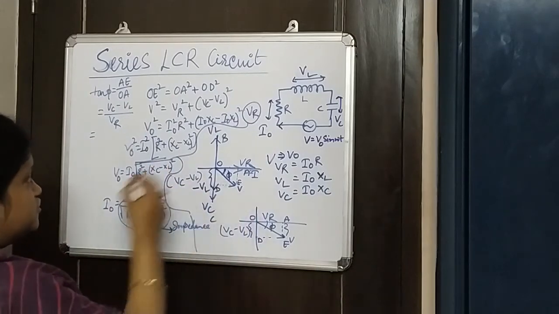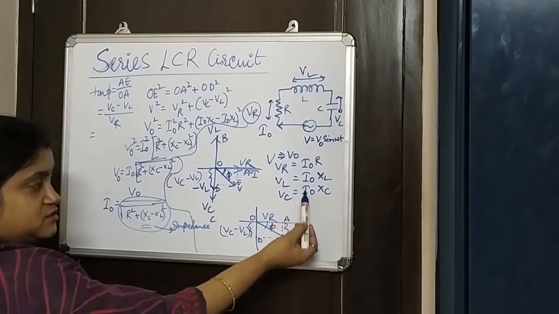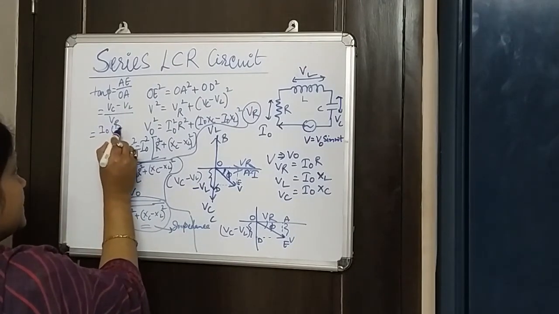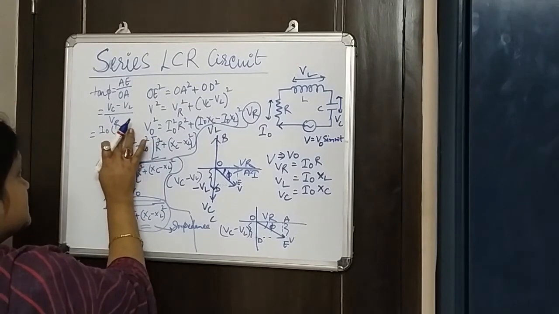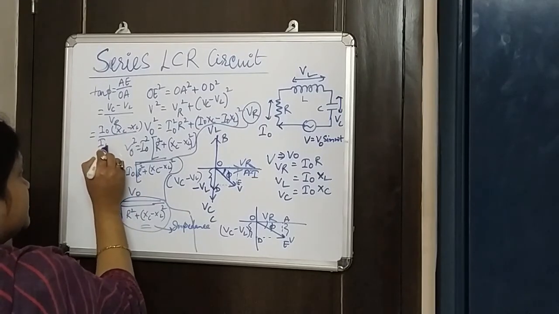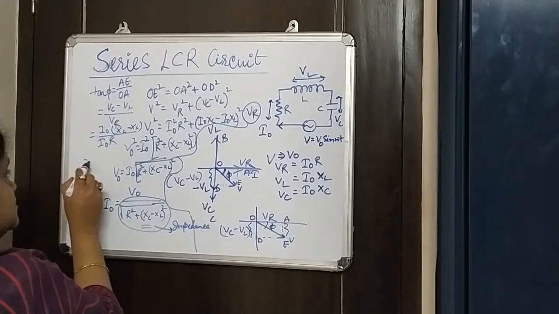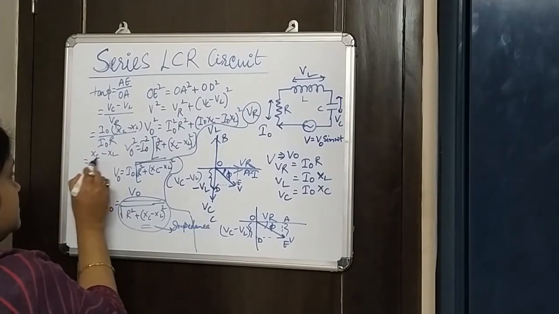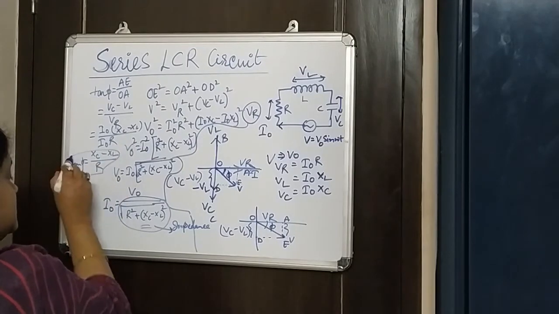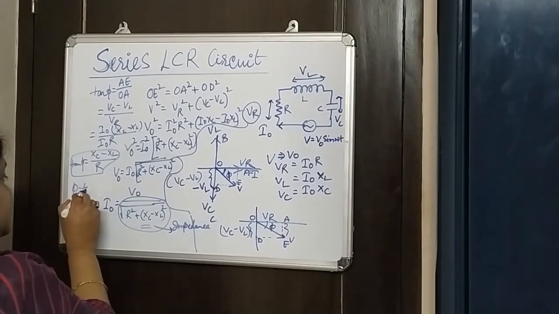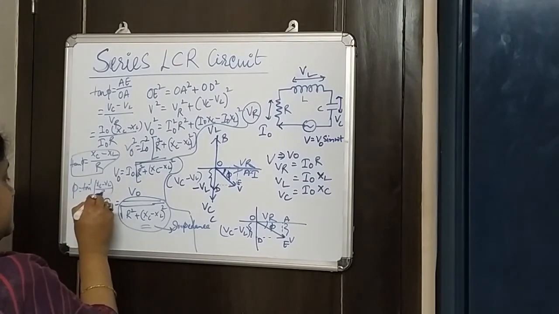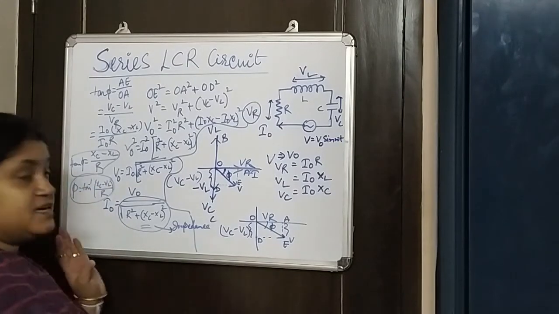If we substitute VC, VL and all, then we can write I naught into XC minus XL divided by I naught into R, and therefore this becomes XC minus XL divided by R. So this is tan of phi, and then the phase phi would be tan inverse of this whole term, that is XC minus XL divided by R.